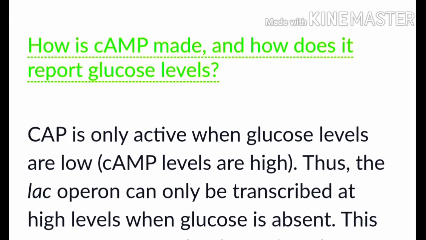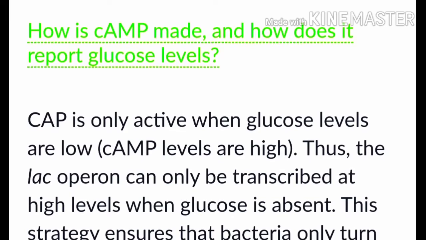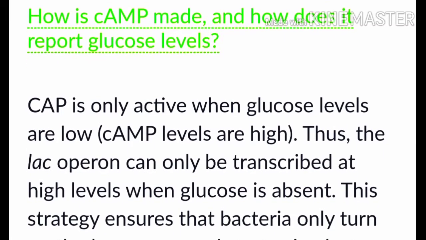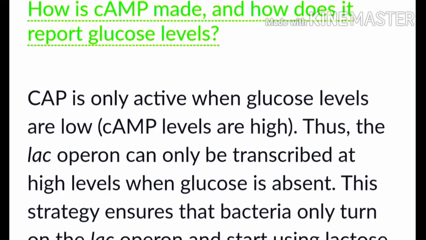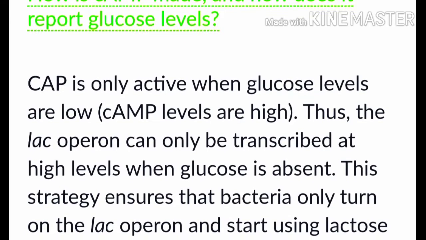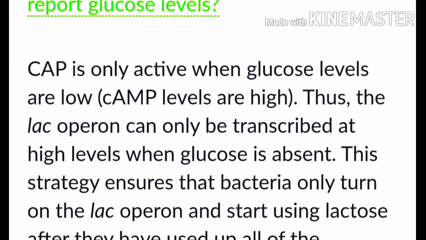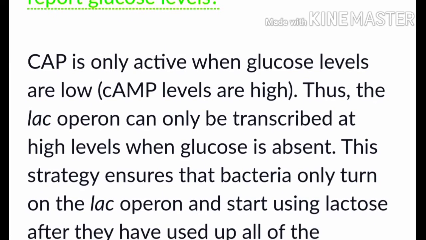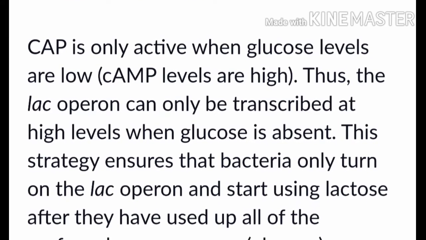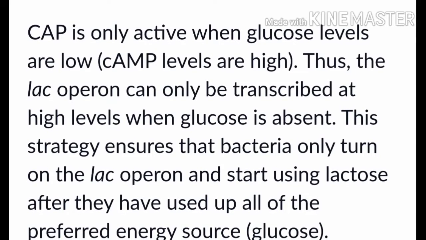Thus, the Lac Operon can only be transcribed at higher levels when glucose is absent. This strategy ensures that bacteria only turn on the Lac Operon and start using lactose after they have used up all of the preferred energy source, that is glucose.